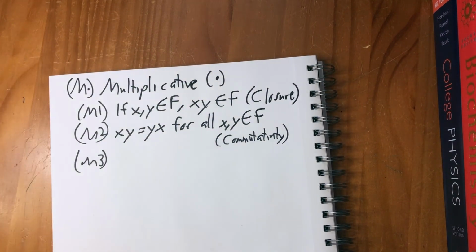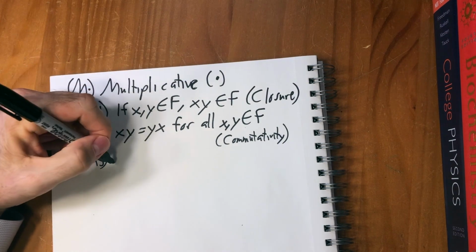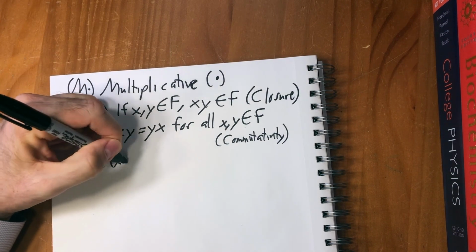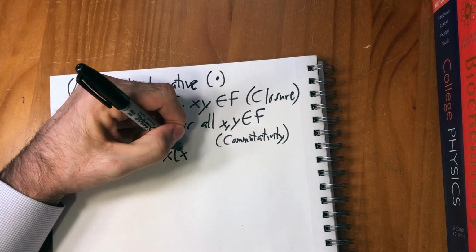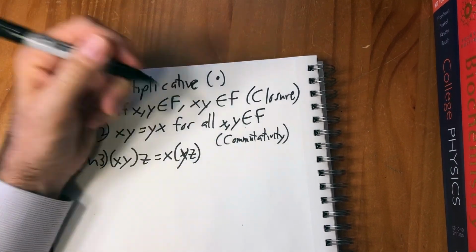M3 is associativity again. xy times z equals x times yz.